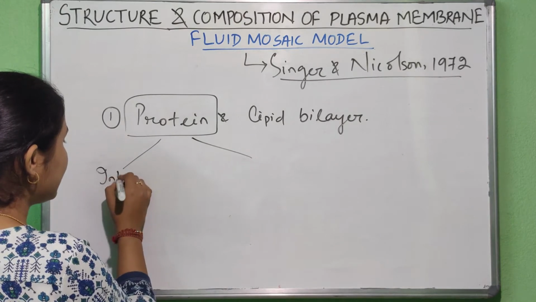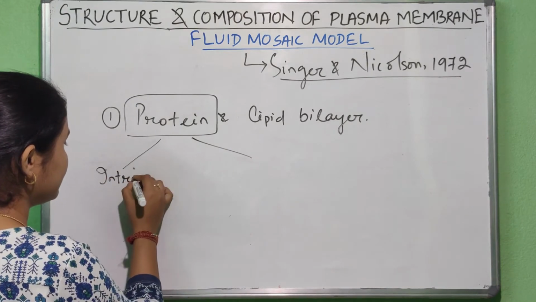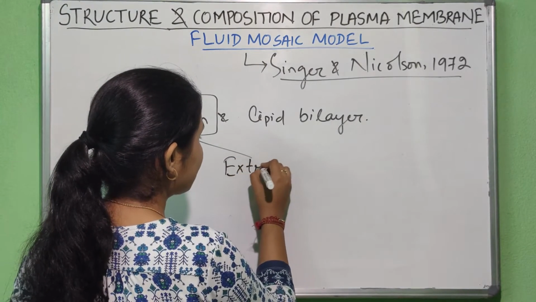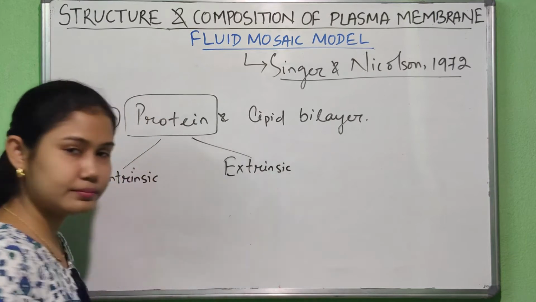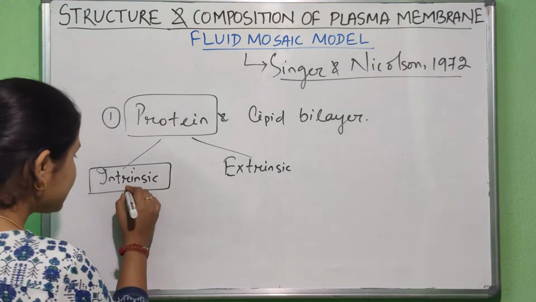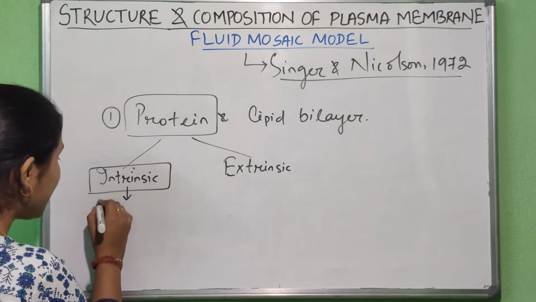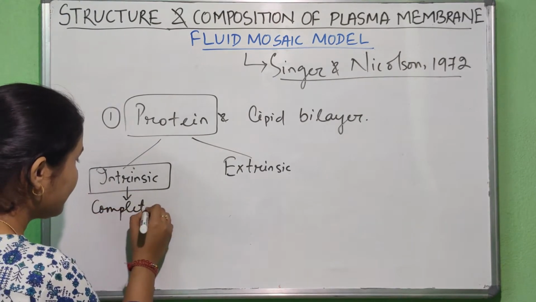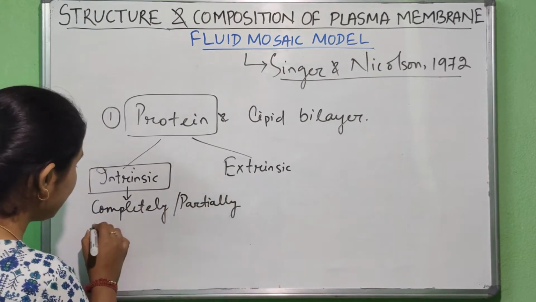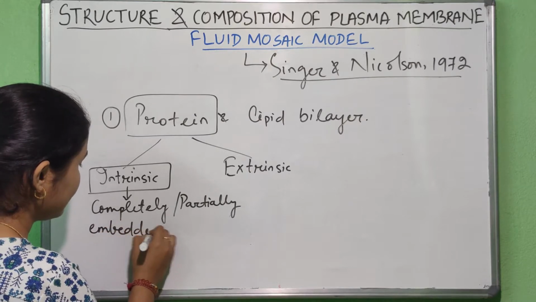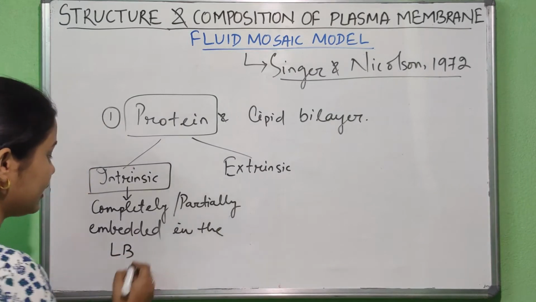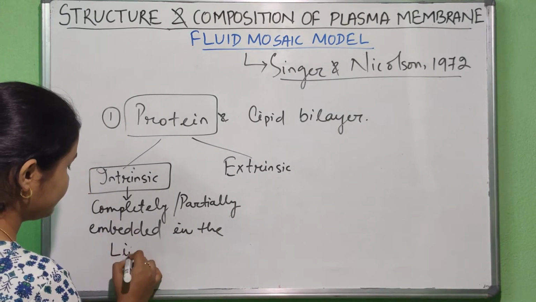The first one is the intrinsic protein, and the other one is the extrinsic protein. So what is an intrinsic protein? The intrinsic protein is the protein which remains completely or partially embedded in the lipid bilayer.